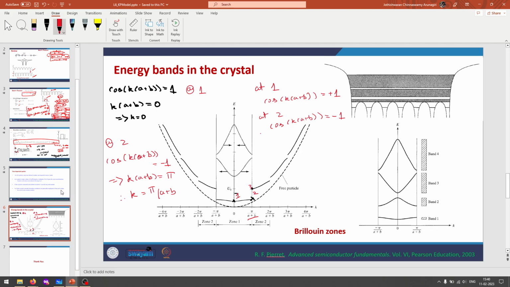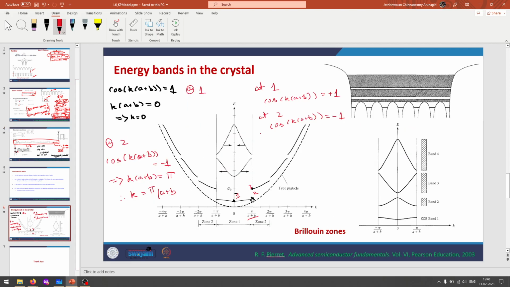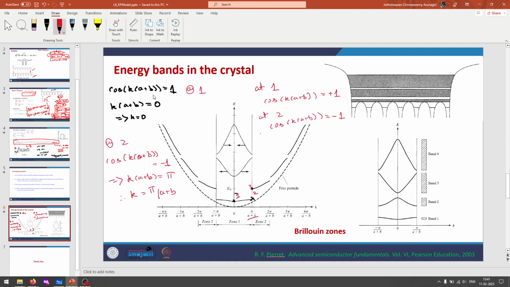But as you can see, this solution occurs at a different value of xi. Since this is occurring at a different value of xi, it is occurring at a different value of E. Therefore, the energy has jumped up. Here again, from minus 1 we go all the way to plus 1. That is point 4, where the same equation is satisfied again. But this time, the solution we are assigning is k times a plus b equal to 2 pi, because that is the next allowed solution.